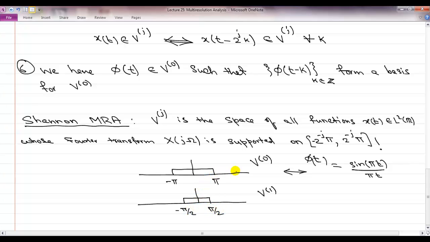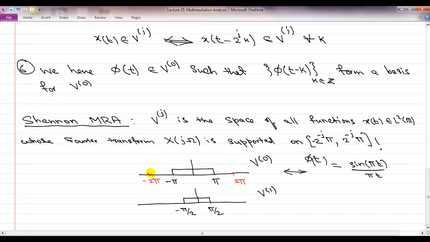Okay, so it's clear that V0, the space of all band-limited functions from minus pi to pi, also contains all band-limited signals between minus pi by 2 to pi by 2. What will be V2? V2 will be minus pi by 4 to pi by 4, V3 will be minus pi by 8 to pi by 8, and so forth. And what will be V minus 1? V minus 1 will be simply minus 2 pi to 2 pi.